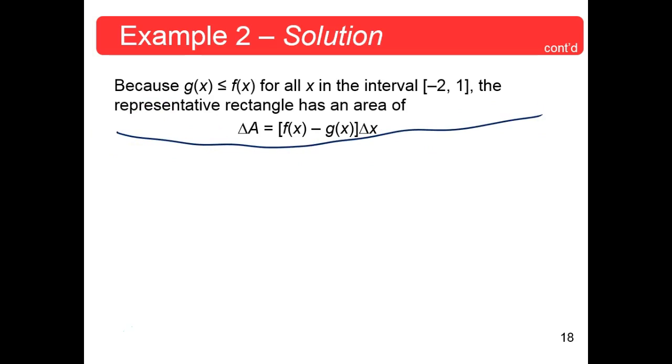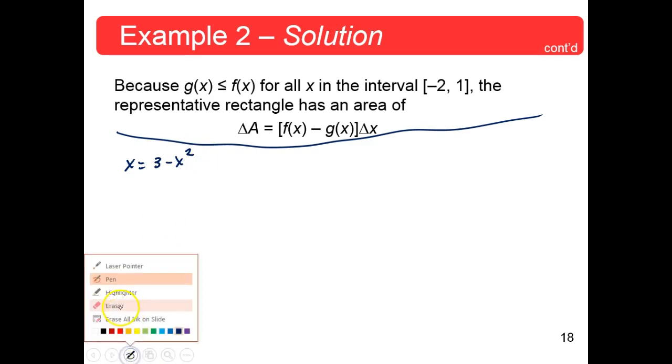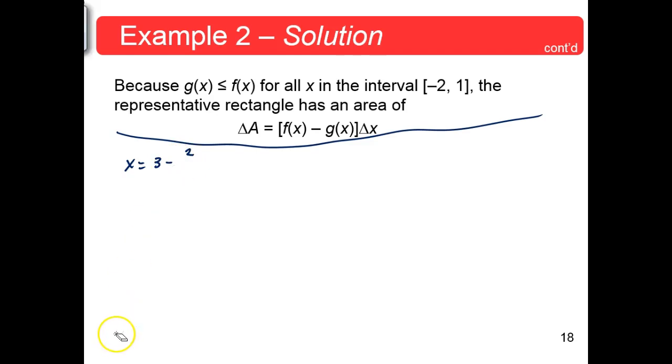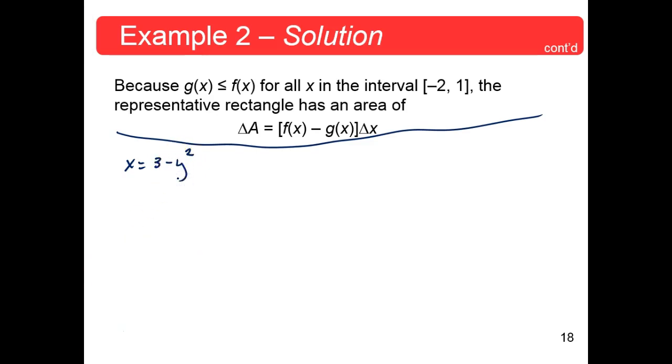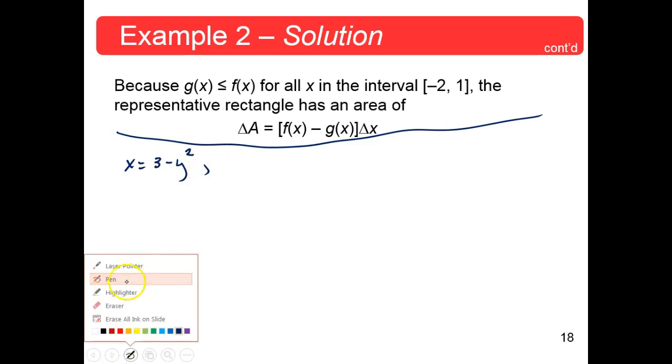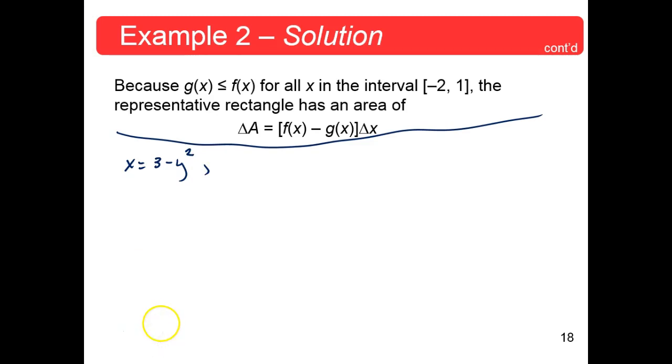So example 5. Find the area of the region bounded by graphs of, this time, x equals 3 minus y squared, not x squared. Okay. And what do you want the second one to be? What color? Green. Okay.